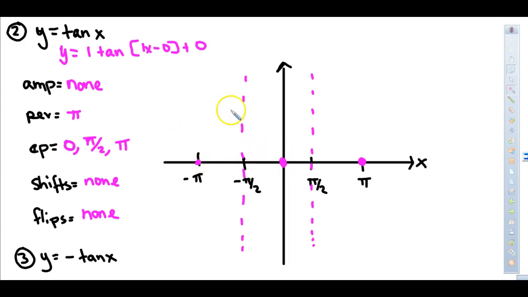Okay, so it's going to look like this. Got a little S curve going on in there. Okay, that's what 2 complete periods look like.